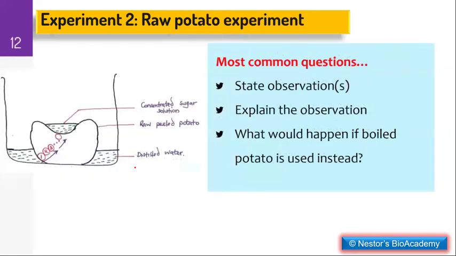And what will be the most common questions here? Again, you can be asked to state the observation made, and then you can be asked to explain the observation that has been made. And mostly these would be tied questions, meaning if you state a very wrong observation, then the explanation will obviously be wrong.